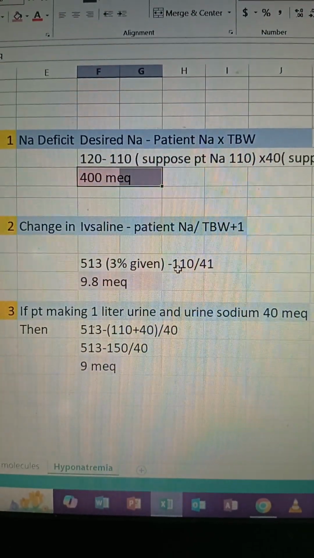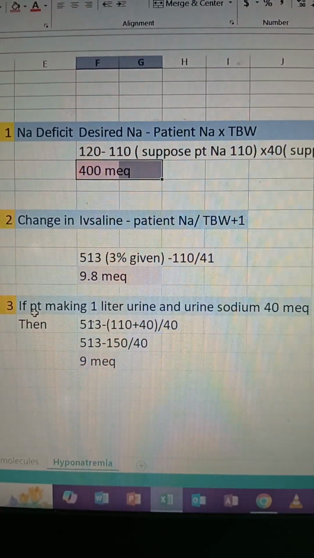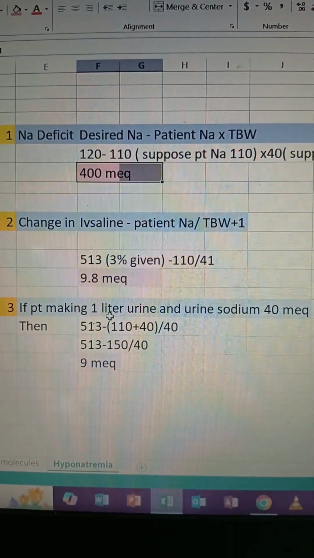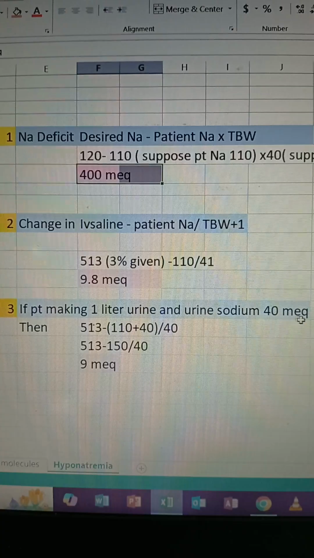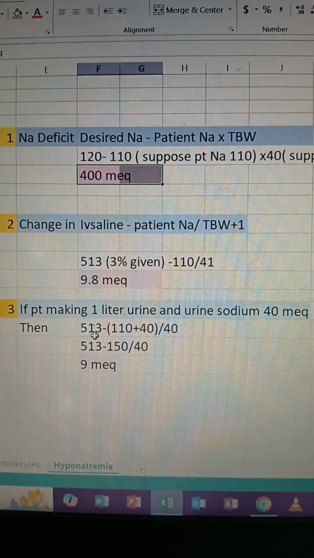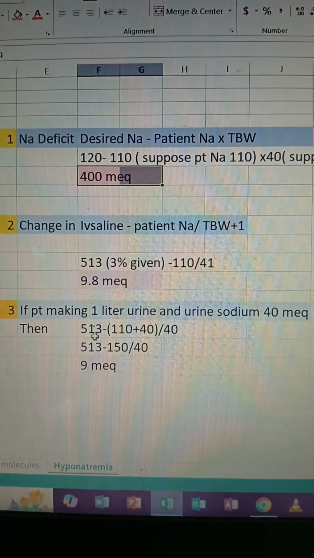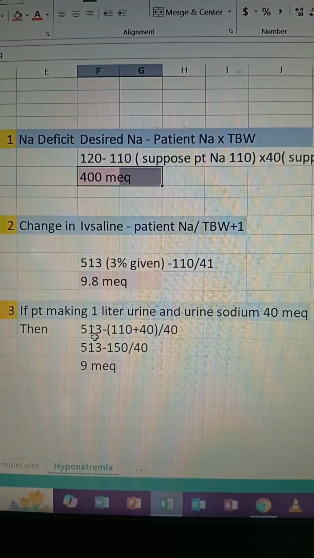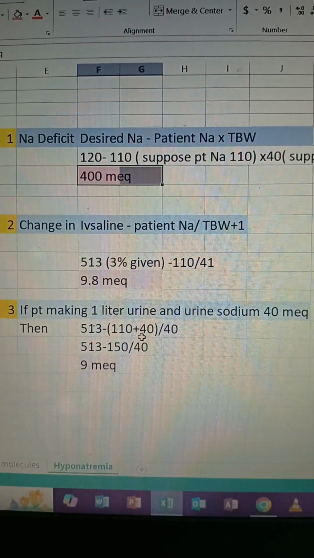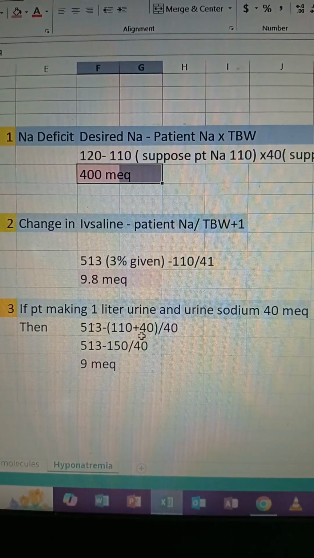Now in case the patient is making 1 liter of urine, you can see in the third example over here, if the patient makes 1 liter of urine and the urine sodium is 40, then you have to put the values like this. 513 is the saline we infuse, minus 110, the patient's serum sodium, plus 40, which we add because the 40 has been lost from the urine.